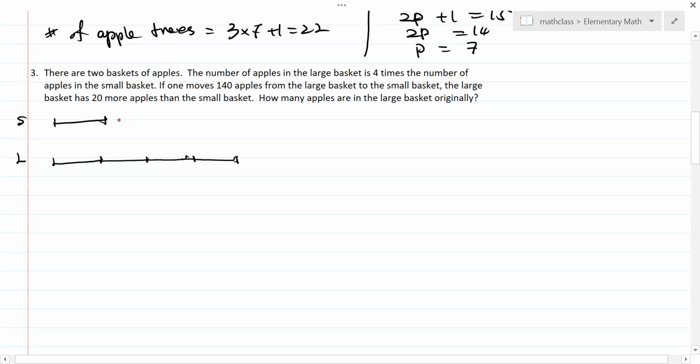I have to cut this, 140. But the small one will also gain 140. So this 140 is gone, moved to here, right? Then there's still 20 more here. Got it? When you compare.